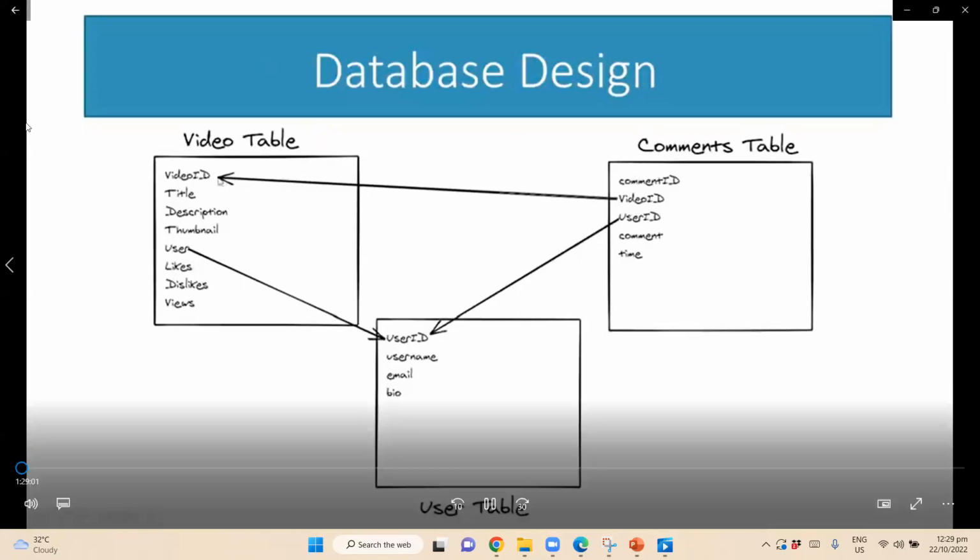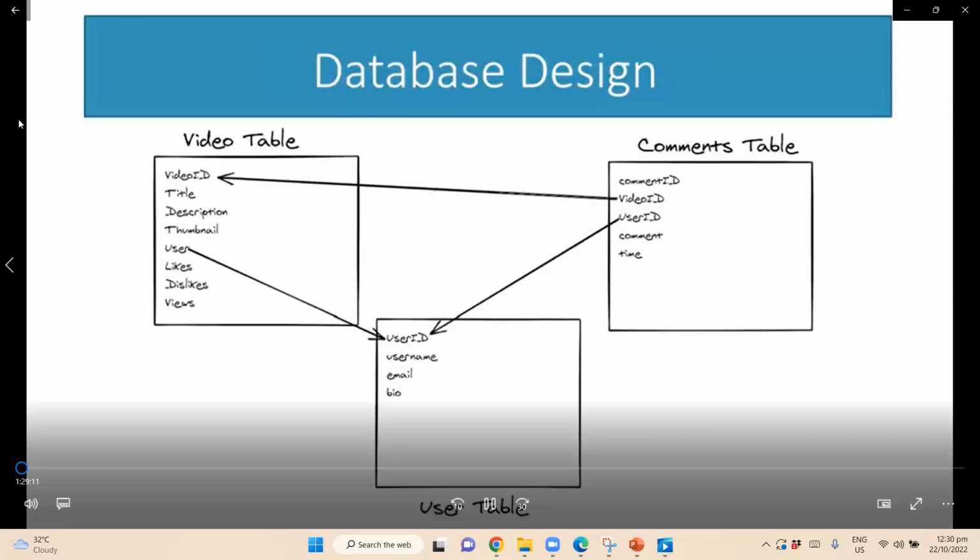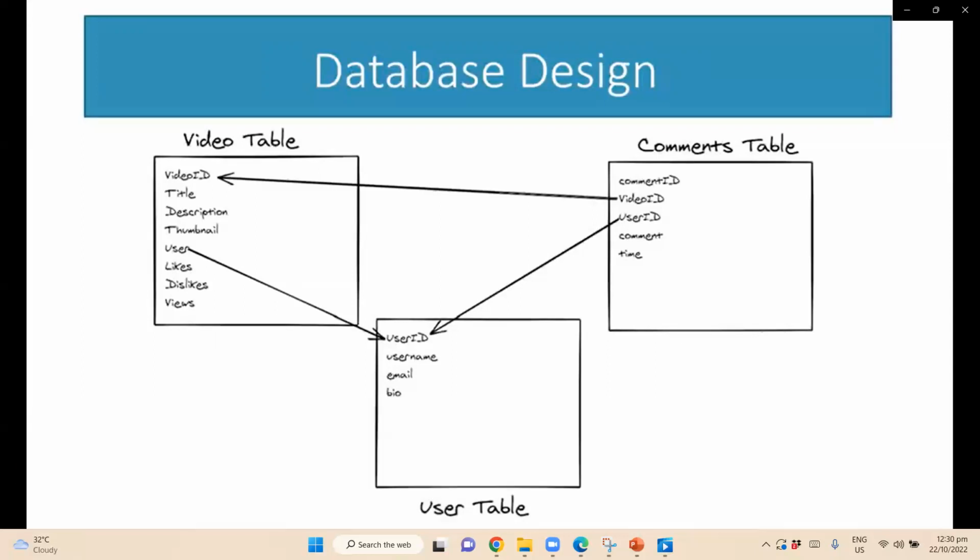So for this, a relational database would work pretty well. That's what YouTube uses. They use a highly scalable version, their own custom design to make MySQL more scalable. But at its core, it's a relational database.